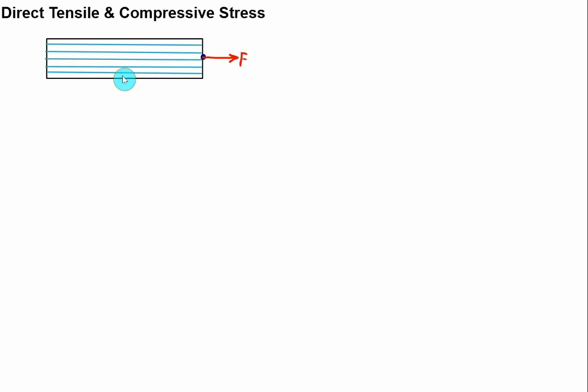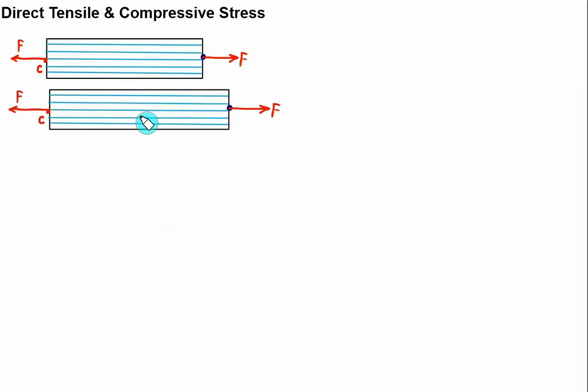This force is outward force, similarly this force is also outward, both times passing through the centroid of the cross section. So when the force F is applied, the fibers of the component tend to elongate under the external load. So if you see the first figure and the second figure, in this case there is an elongation of the fiber in the same direction of the force equal to dl.